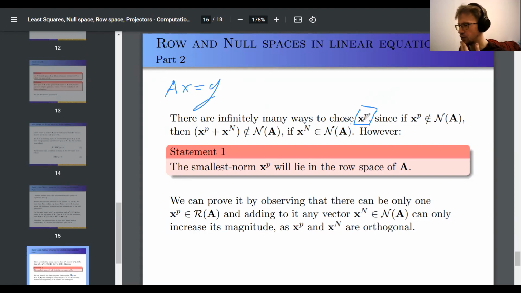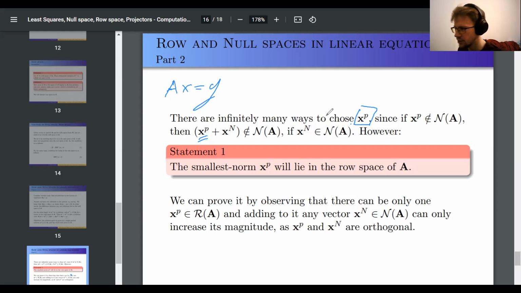There are many ways to choose this partial solution. Since it is not in the null space, then x partial plus any element of the null space would also not be in the null space, right? If a vector is already not in the subspace, you cannot.